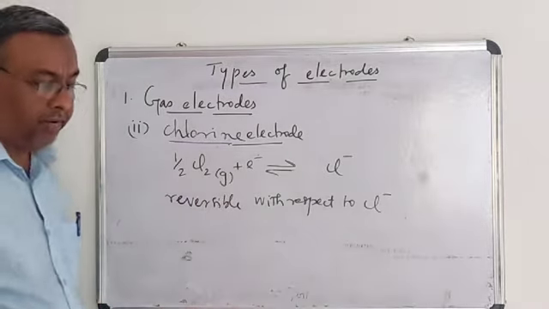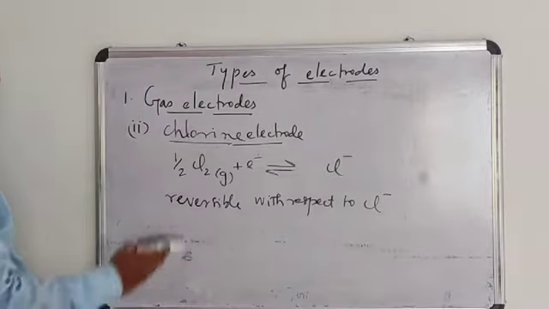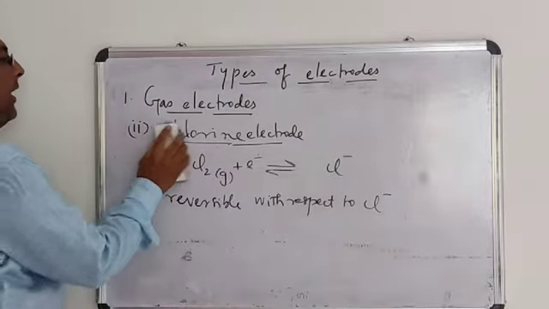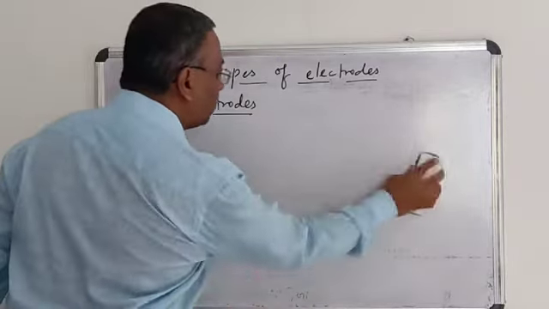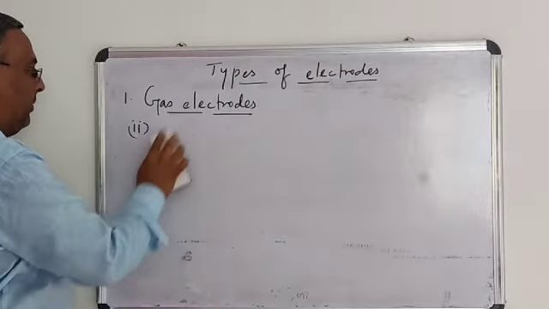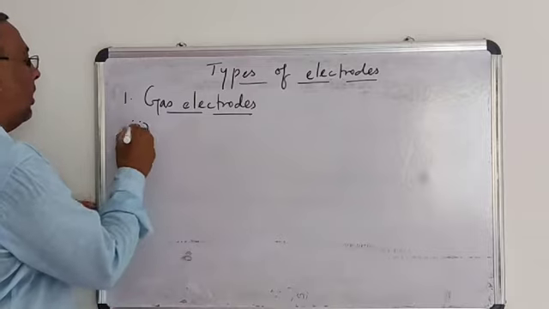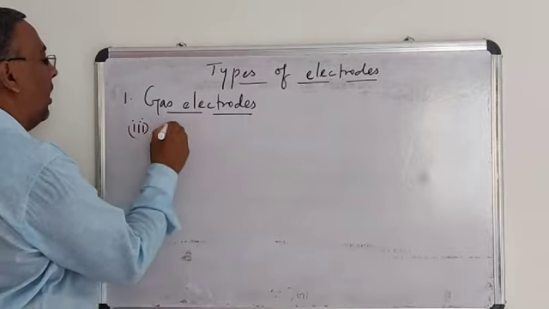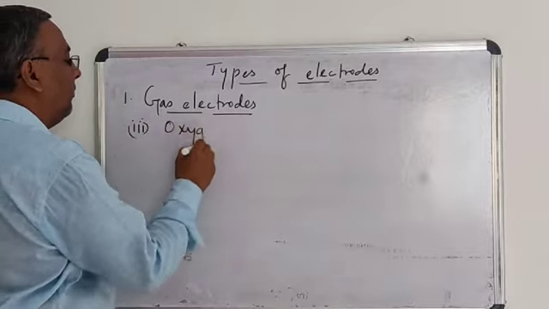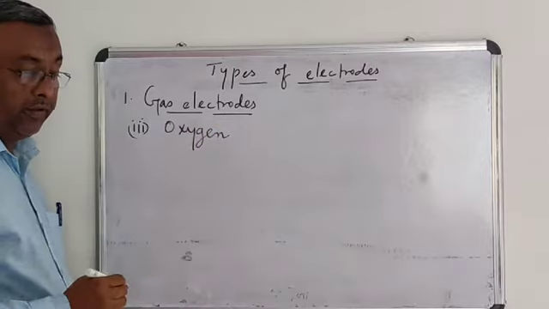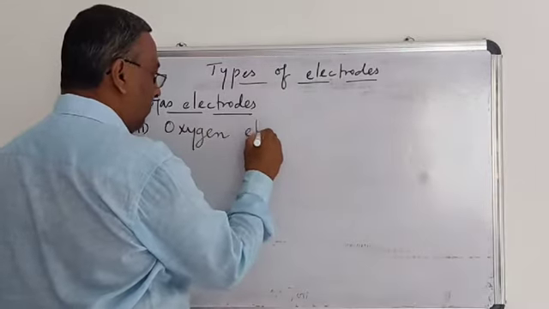The next type, the third type of gas electrode, is the oxygen electrode.